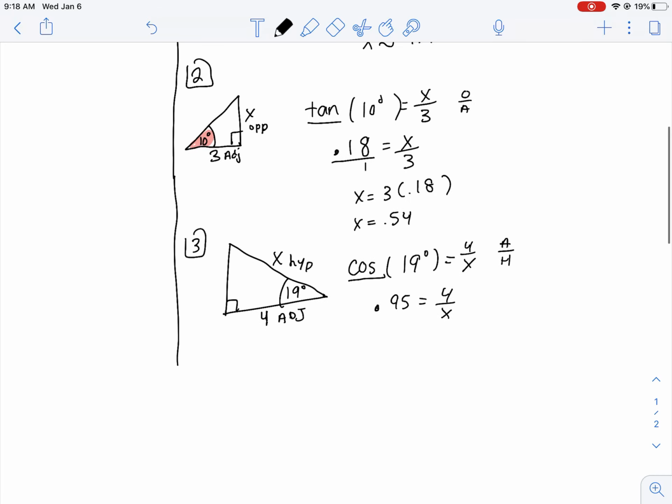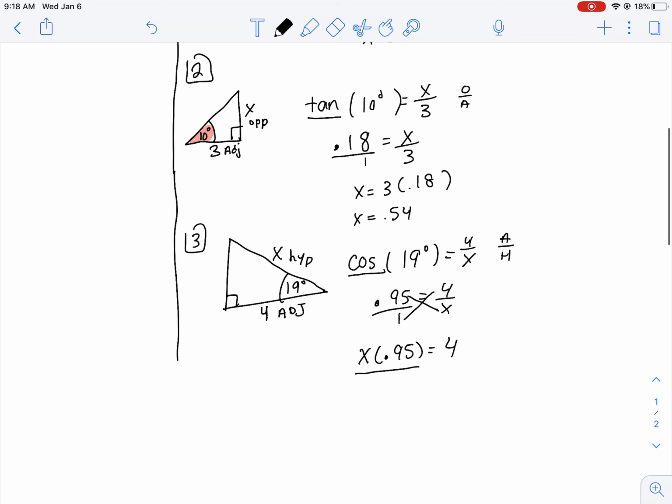Okay, so how do we get rid of division? What? The x is on the bottom? So what do we do now? Well, essentially we're going to do the same thing. Let's multiply. I'm actually going to cross multiply here. X times 0.95 equals 1 times 4. Now, how do I get rid of that multiplication?